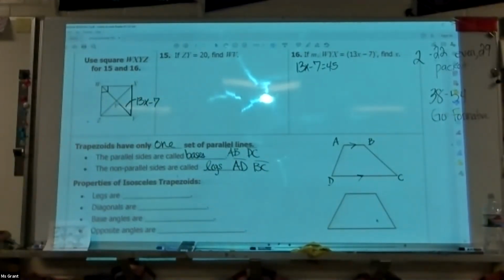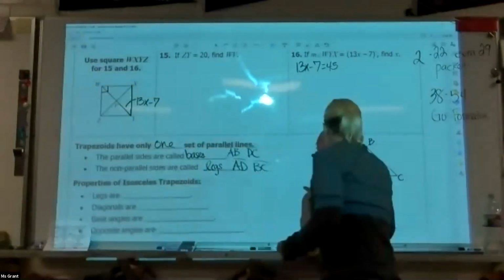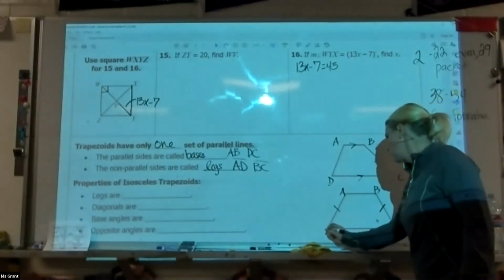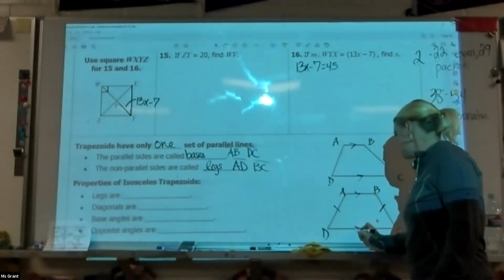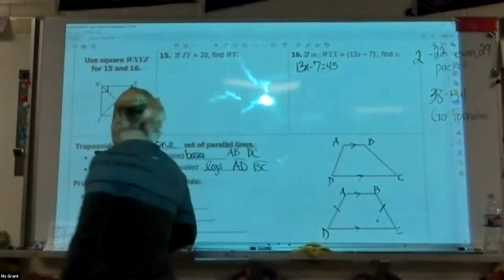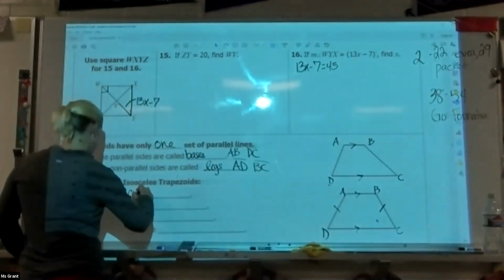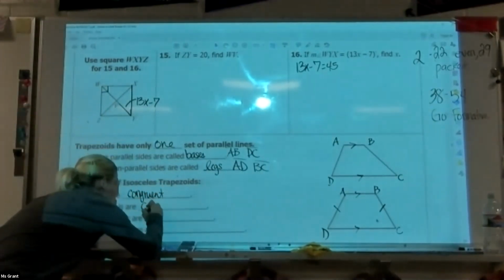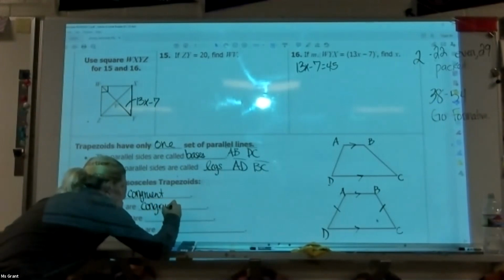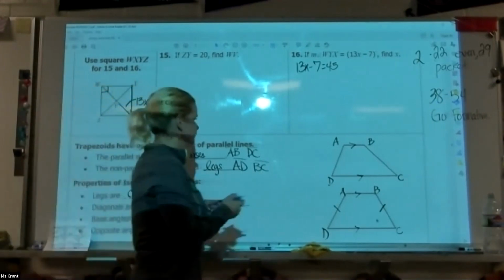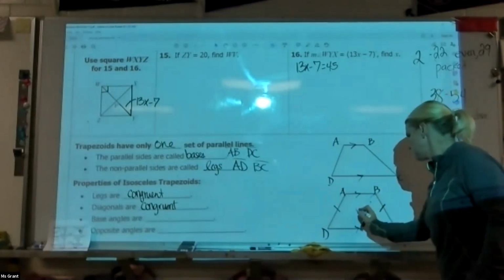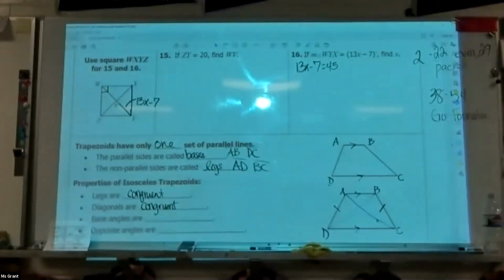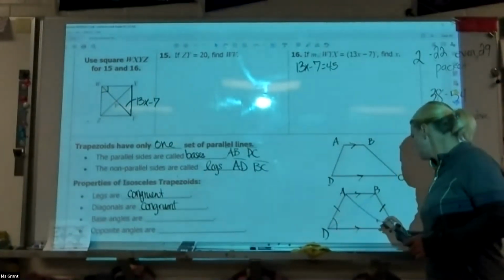Okay. An isosceles trapezoid means that these two sides are the same, the two legs. So they're still going to have parallel here. The legs are congruent. The diagonals are congruent. Let me draw them. Diagonals. The base angles, boom, boom.